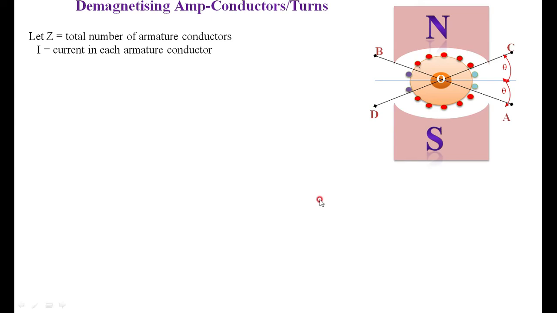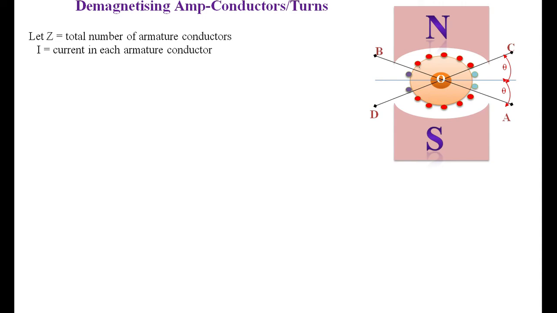If the total armature current is IA, then the current per conductor in the case of lap winding is IA divided by P. Whereas in the case of wave winding, the current per conductor is IA by 2.